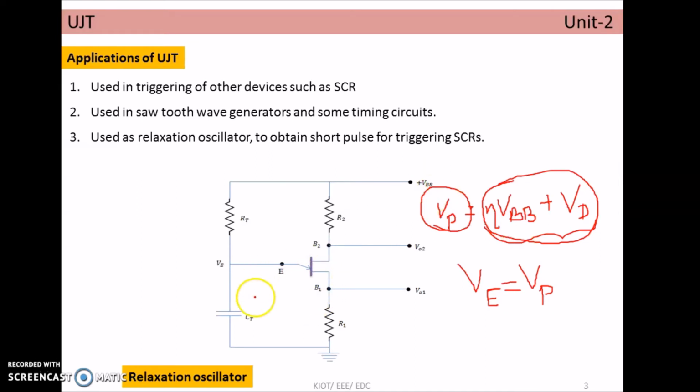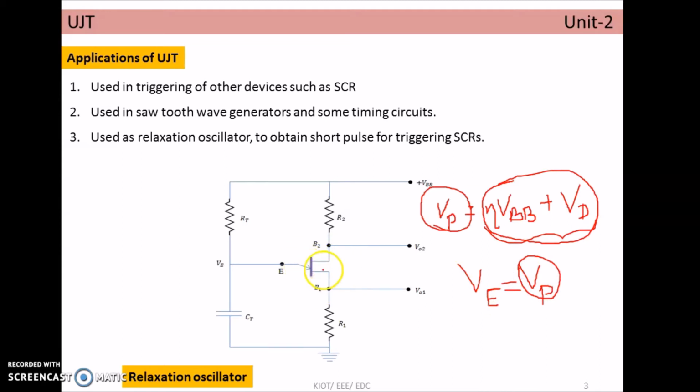So initially, with the help of this voltage VBB, the capacitance starts charging. Once the capacitance charges, the voltage across the capacitor increases. And this voltage is fed as the emitter voltage to the emitter terminal. And once this voltage VE across the capacitor is equal to VP, then the UJT is said to be turned on.